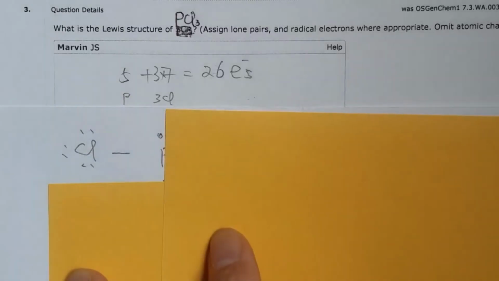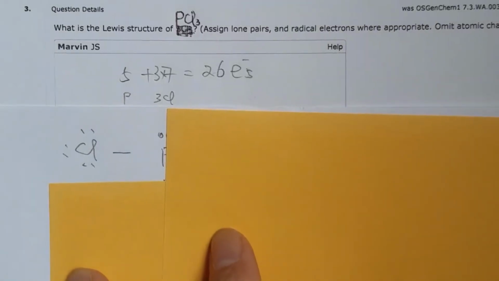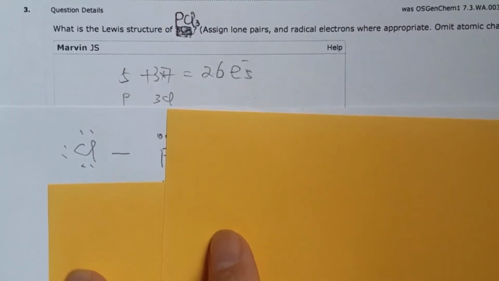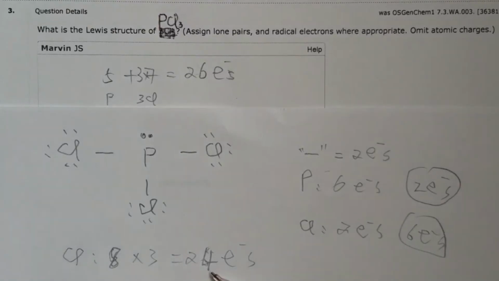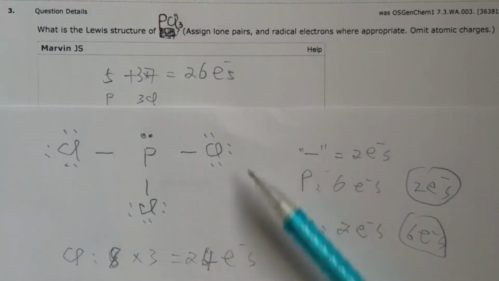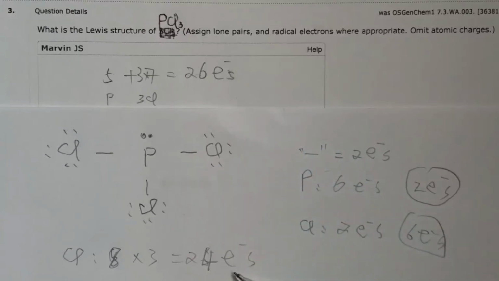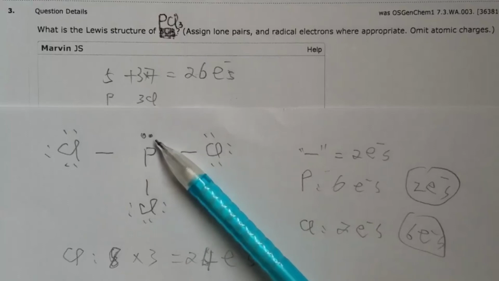There are 3 chlorines, 3 times 8, that's already 24 electrons. 26 minus 24, still 2 more electrons uncounted. Where are the 2? Right here.